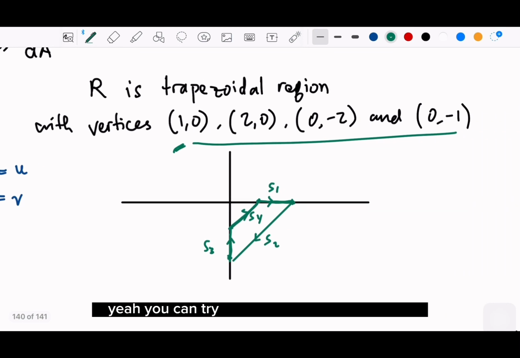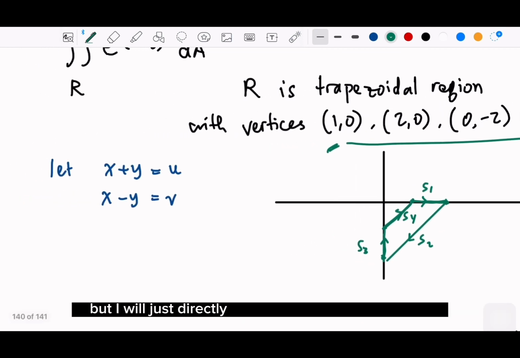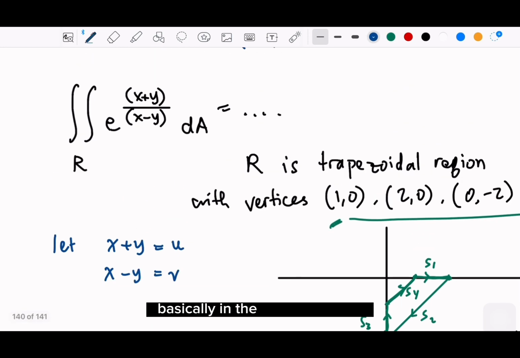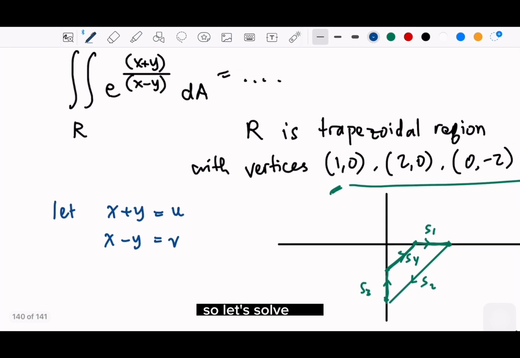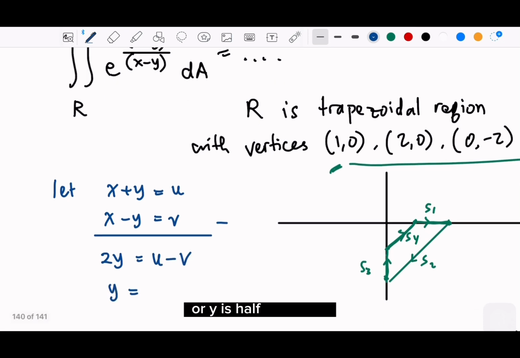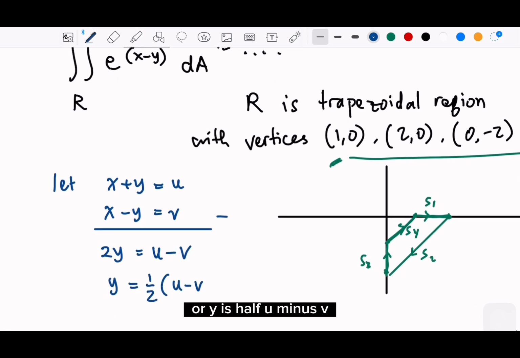Yeah, you can try the one that we had before and try drawing, but I will just directly give you how to solve this in the double integral. So let's solve this in terms of x and y. If we take the difference, for y we have u minus v, so y is half of (u minus v).